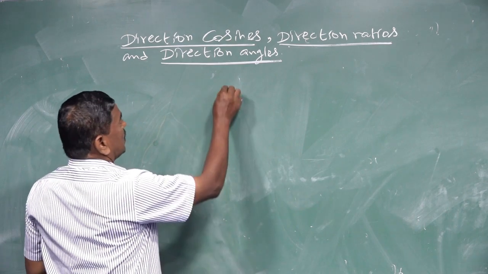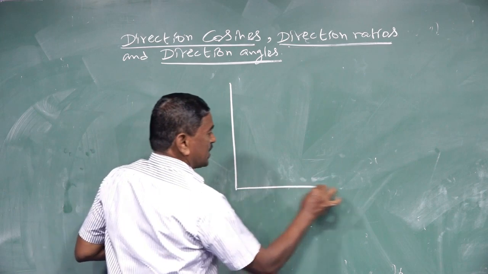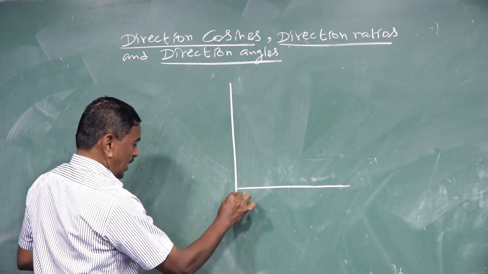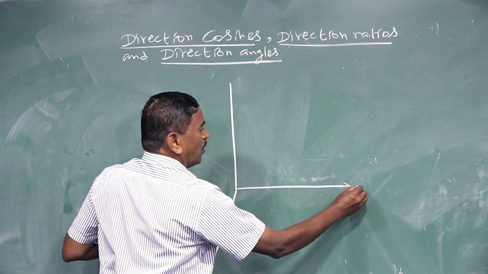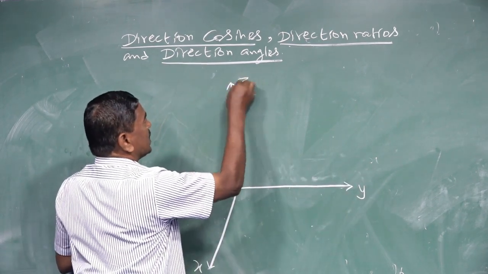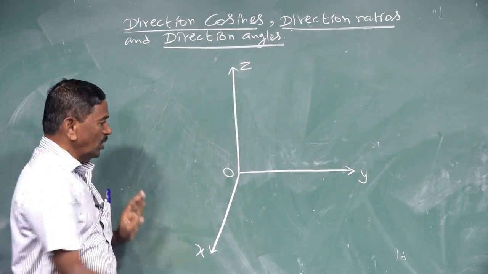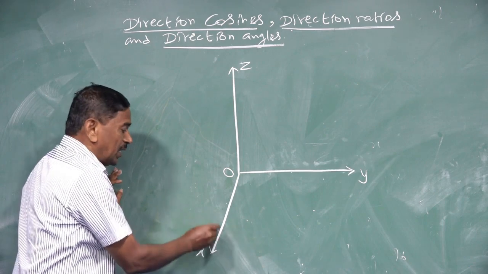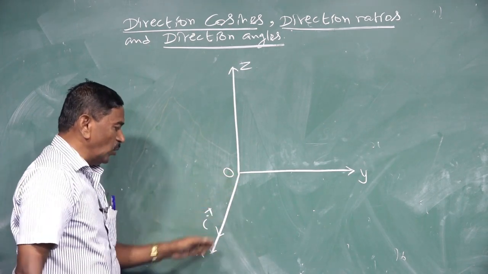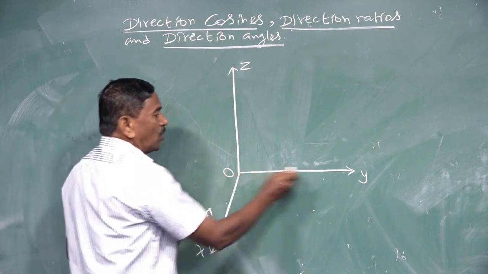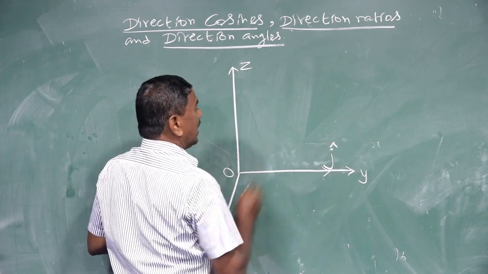First the z-axis, y-axis, and x-axis. Let O be the origin. Along the x-axis, let the unit vector be i cap. Along the y-axis, let the unit vector be j cap.